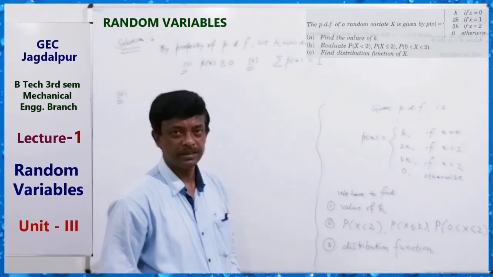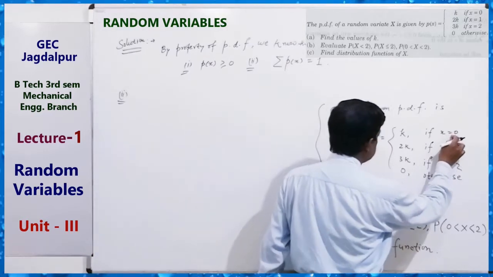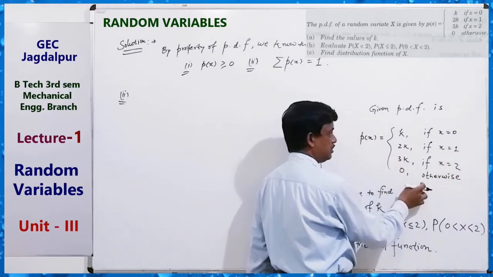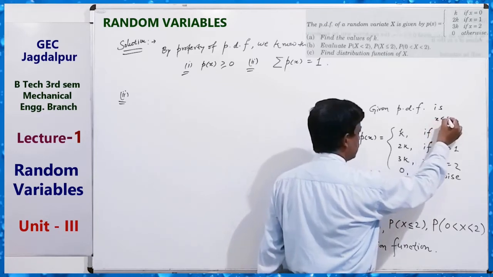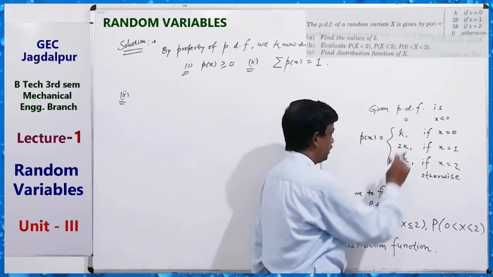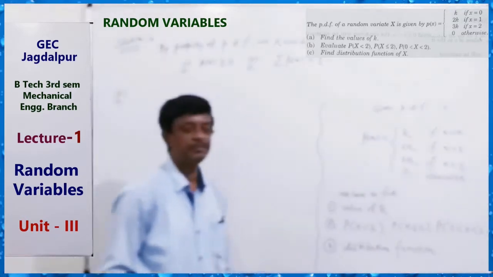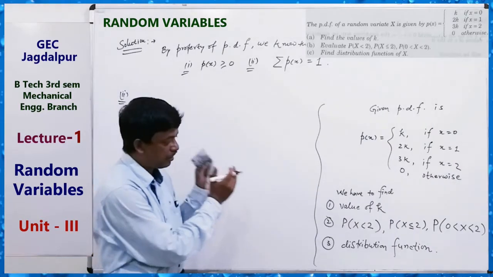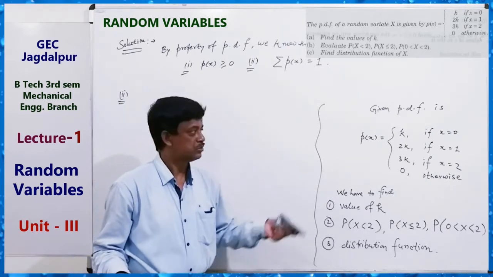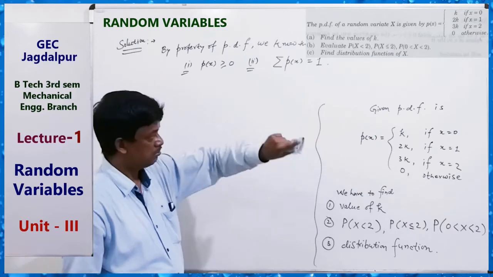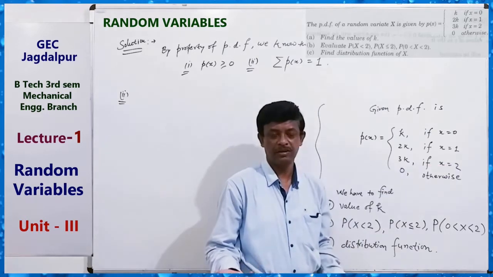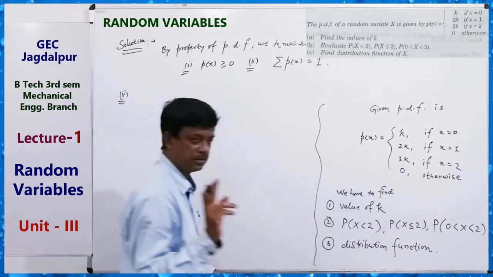That means for x equal to 0, this, x equal to 1, this, x equal to 2, this, otherwise 0. For x less than 0, we can suppose probability 0, because the finite interval is defined only there, and in other places we suppose probability 0. Here x less than 0 gives 0, and otherwise, x greater than 2, 0. Clear?